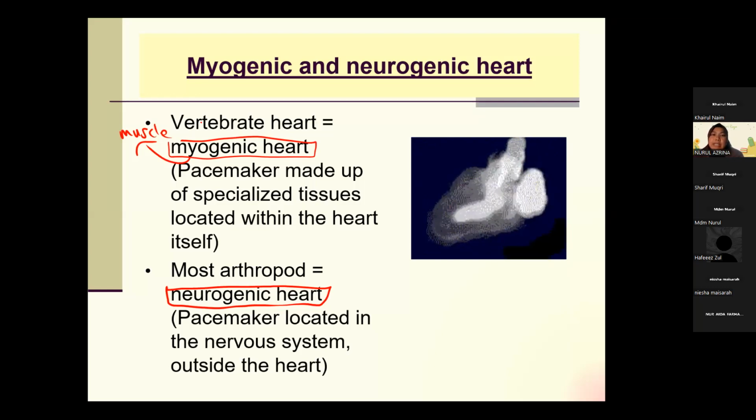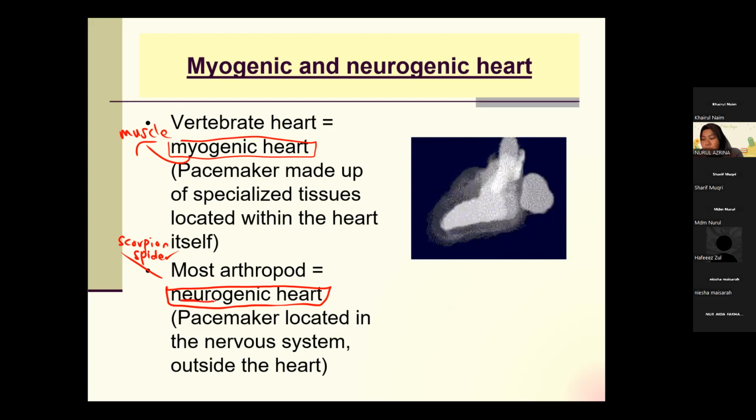Whereas for arthropods like spider, okay, scorpion, all right. So most arthropods like scorpions, spiders, okay, and some other examples, they have a neurogenic heart.